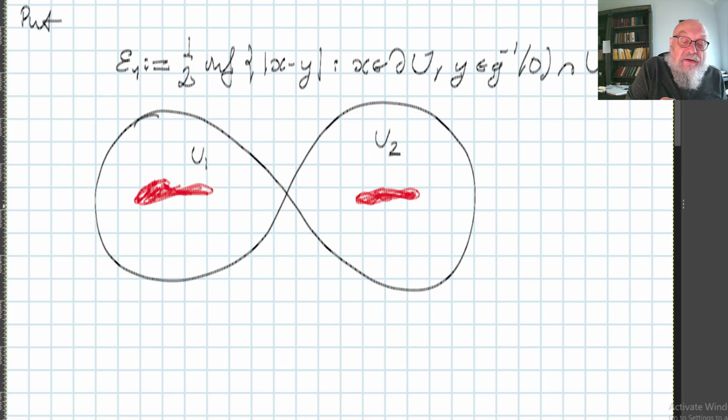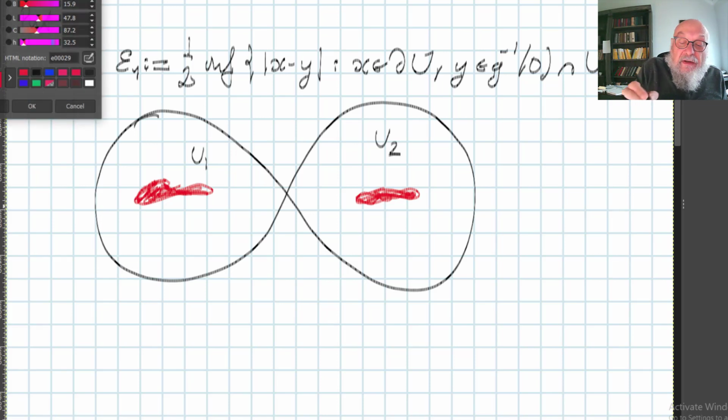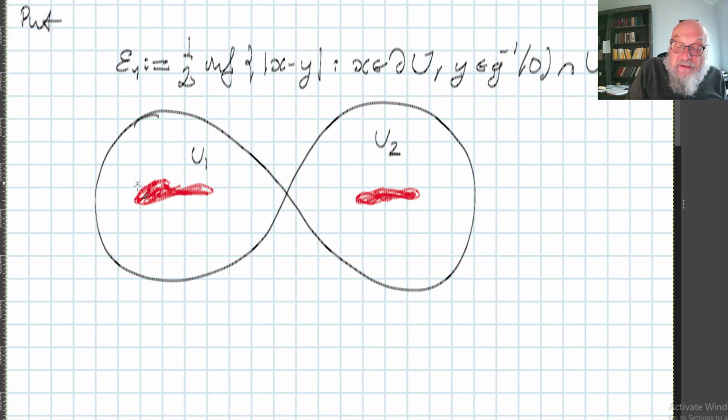So what we are doing here, we are finding a number, epsilon 1, which in this case will be this distance, 2 epsilon 1. So let me write it down. If I take this neighborhood, here you see all zeros now.